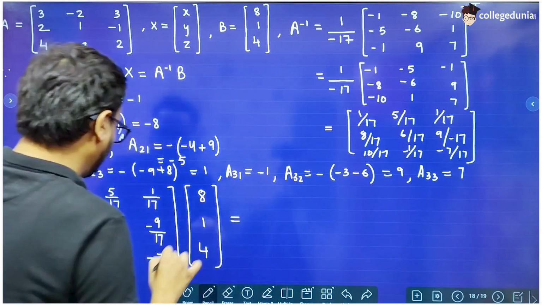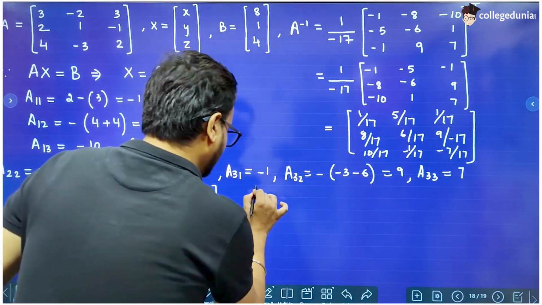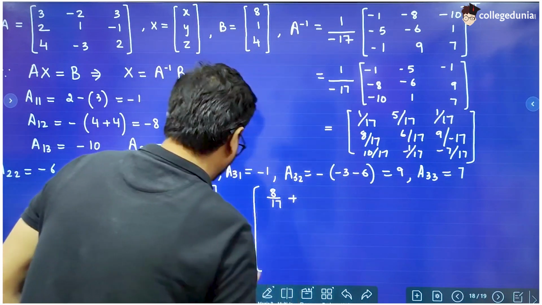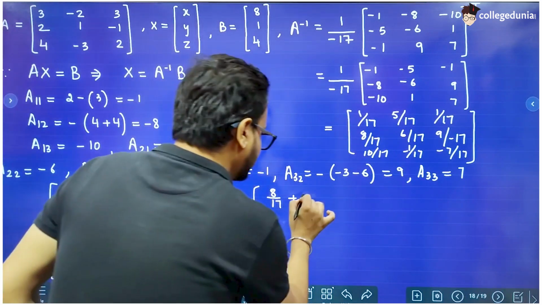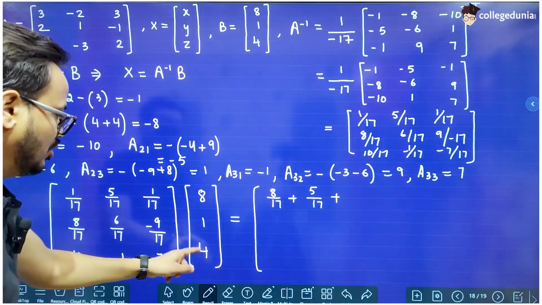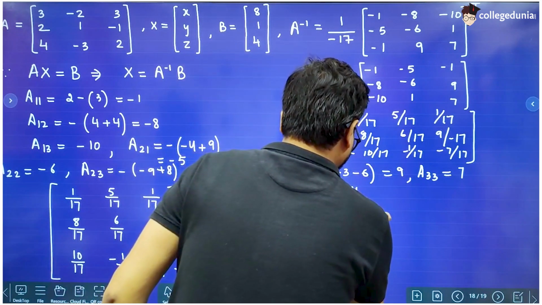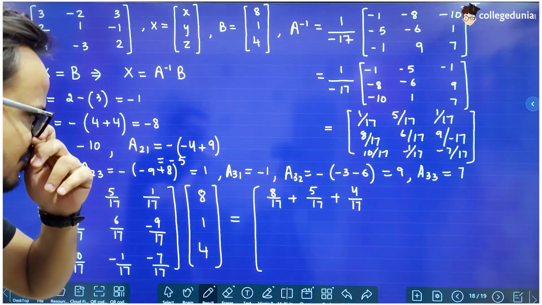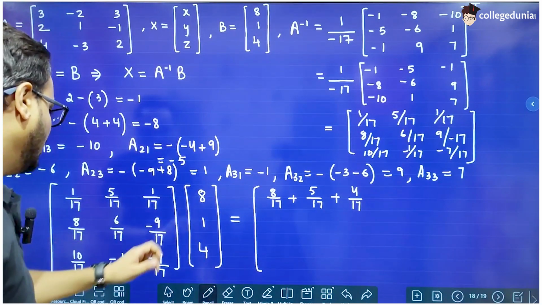So what is the answer? The first entry is 8 by 17 plus 5 by 17 plus 4 by 17, which is 8 plus 5 is 13, plus 4, 17 by 17.